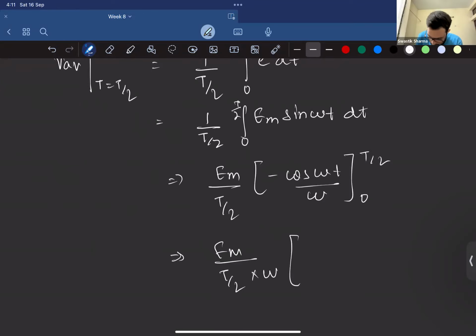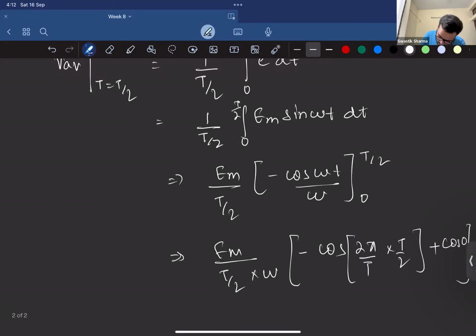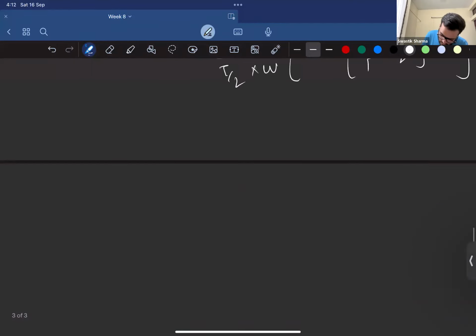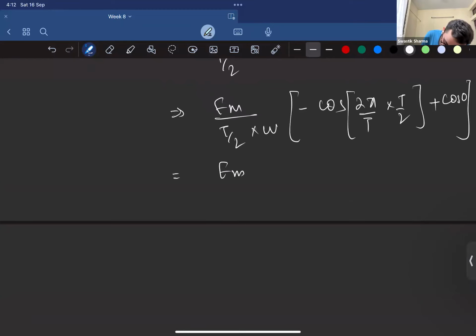So omega can be written as 2 pi by T, right? So 2 pi by T into T by 2, plus cos 0. Again, this can be written as 2 pi by T because omega is 2 pi f, and f is 1 upon time period.